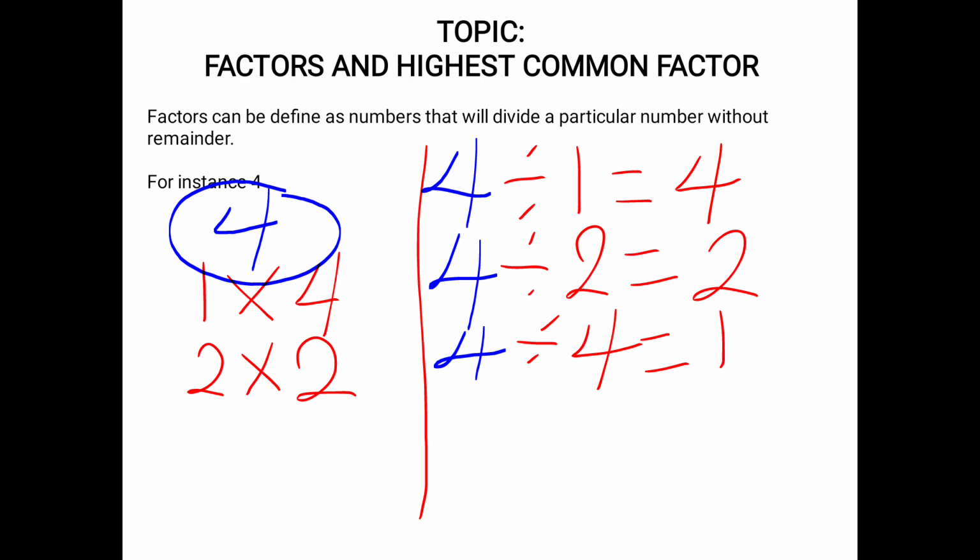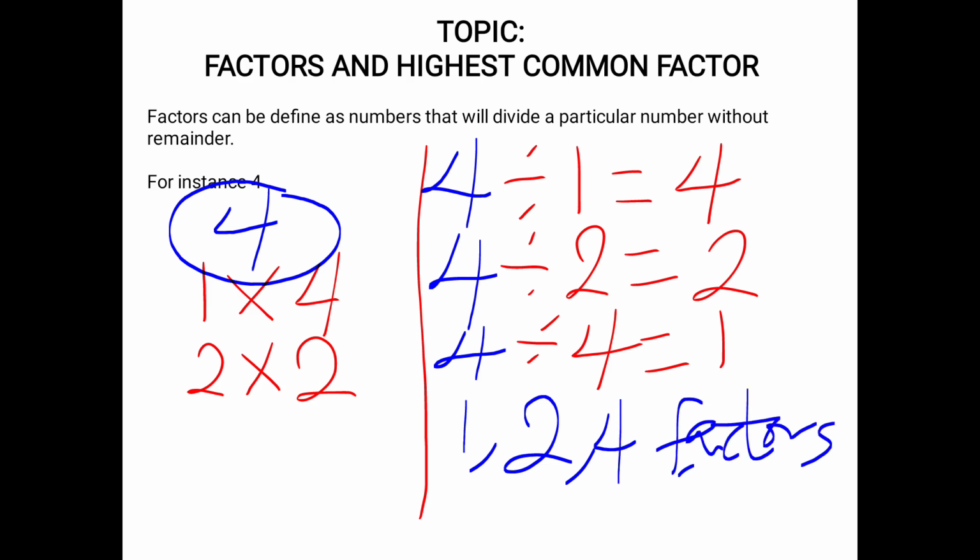So therefore, 1, 2, and 4 are factors of 4. Do you get that? And that is because 1, 2, and 4 are numbers that divide 4 without remainder. Do you understand? Very good.